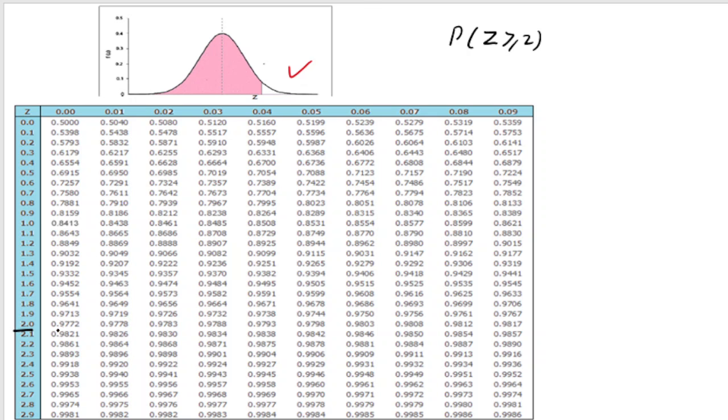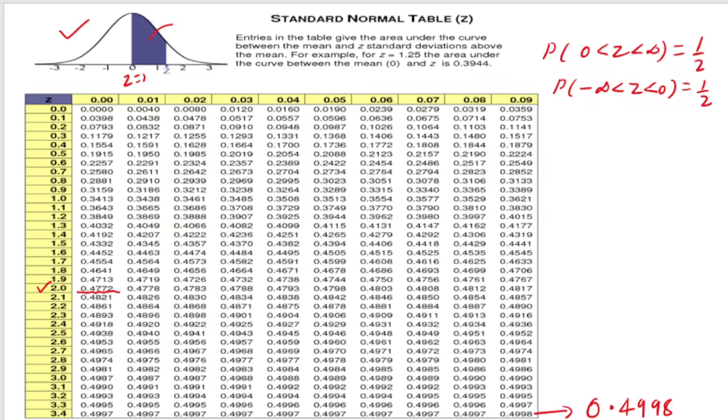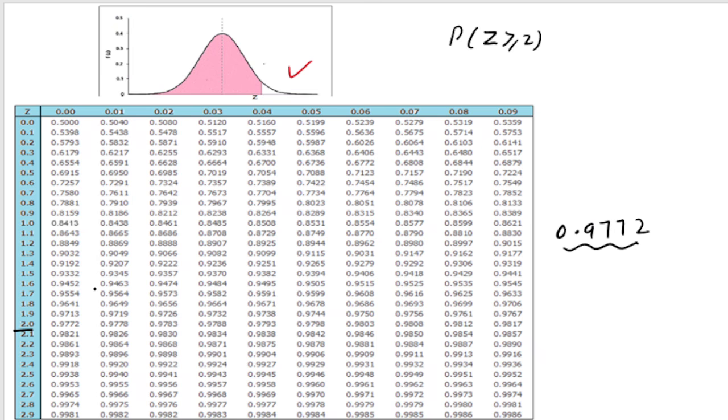They are providing the value 0.9772. Did you note that in this figure they were giving me 0.4772 for z equals 2, and in this table it is given as 0.9772.